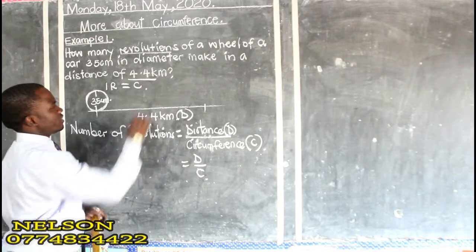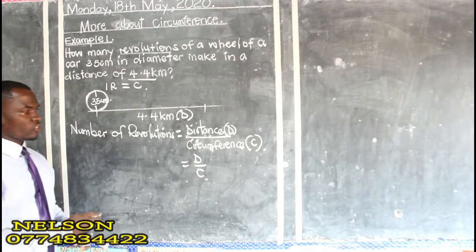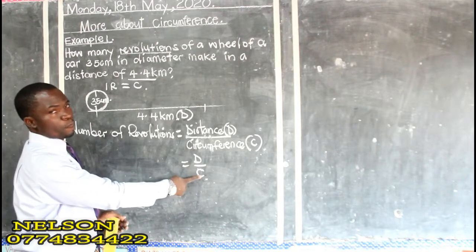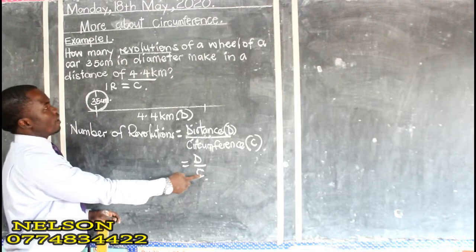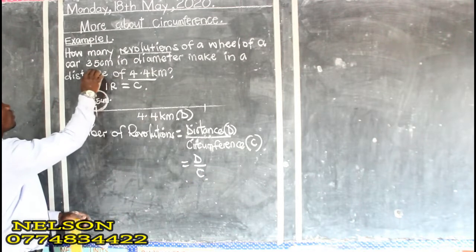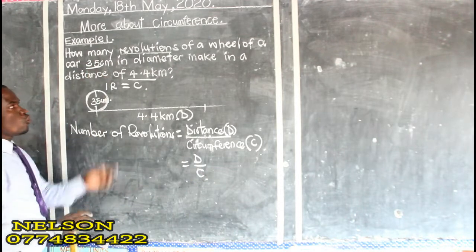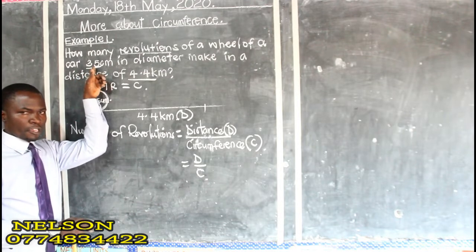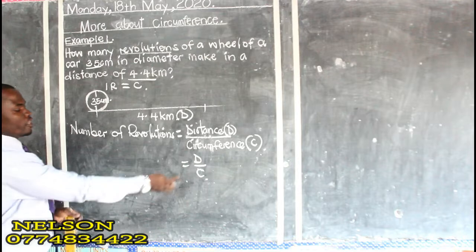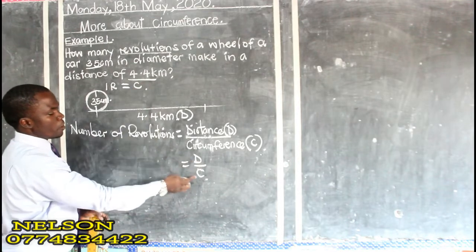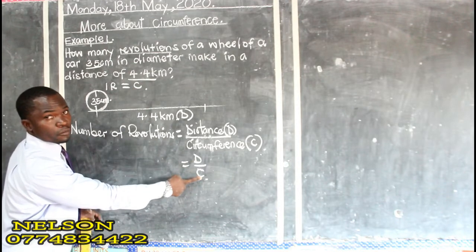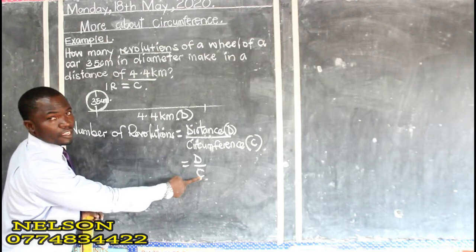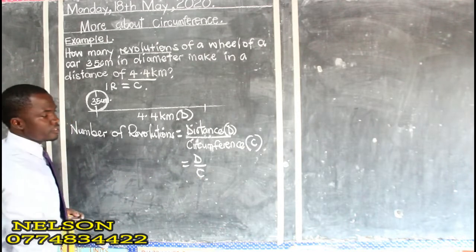Yes, the distance is there, 4.4 kilometers. Do you have the circumference? No, we don't have it. But we have the diameter, which can help us get the circumference.